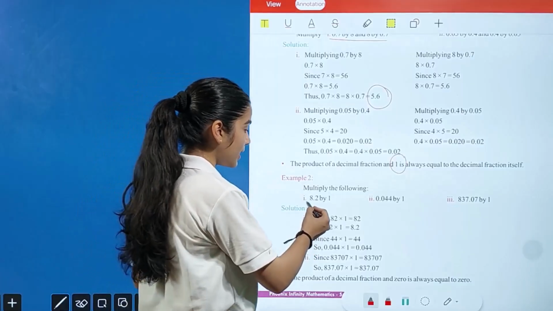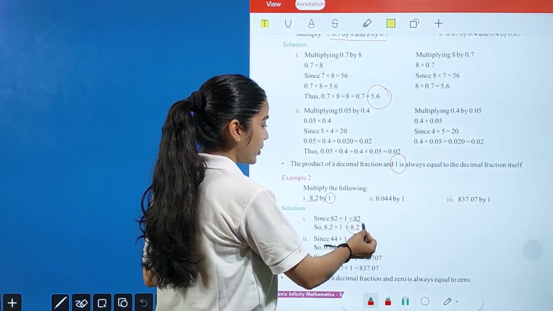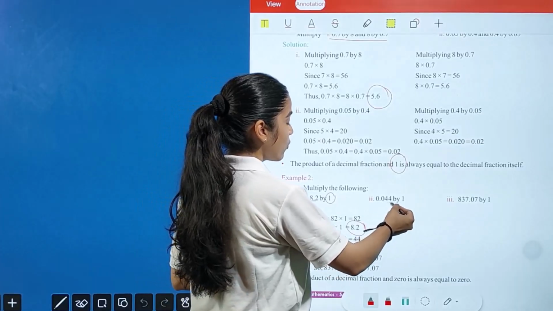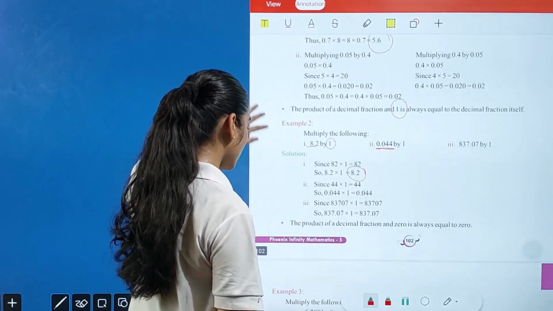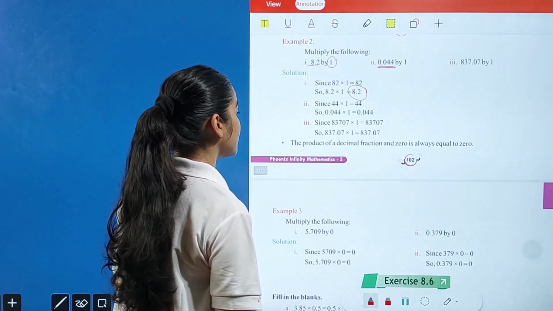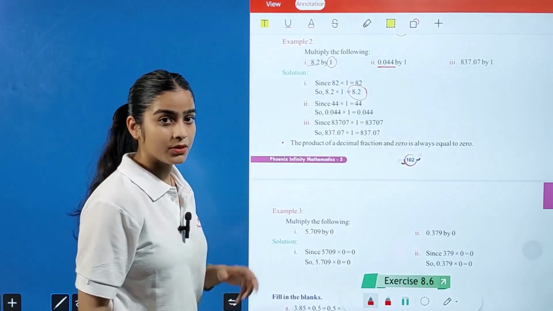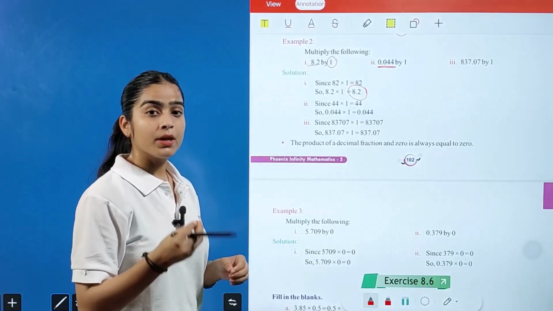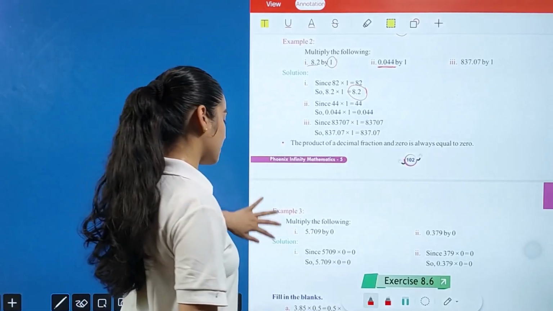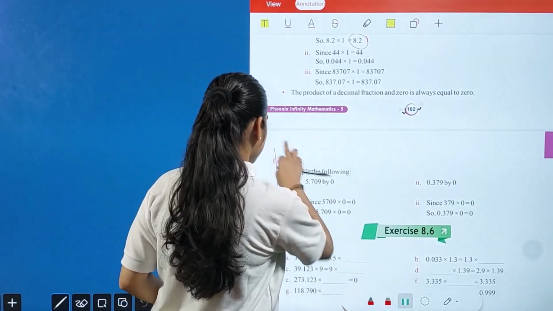If I multiply 8.2 by 1, the result will remain the same, 8.2. 0.044 multiplied by 1, your answer will remain the same, the number only. Next, the product of a decimal fraction and 0 is always equal to 0. The same property which we learned in our multiplication, that whenever we multiply a number with 0, we get 0. So now we move forward to our exercise 8.6.